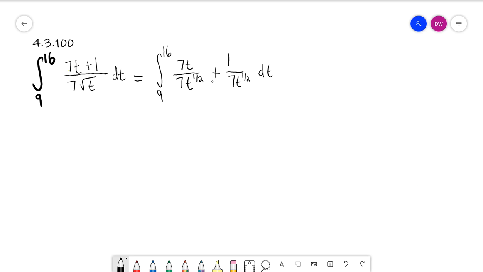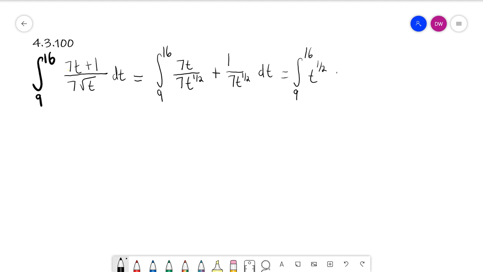Okay, so now we can do some simplifying. Right here we have t over t to the 1/2 power. So when I have a t over a t, I can combine those into one t by subtracting the exponents. We also have a 7 over 7, and those cancel. Okay, so t to the first power minus 1/2 gives me t to the 1/2 power for my first term.